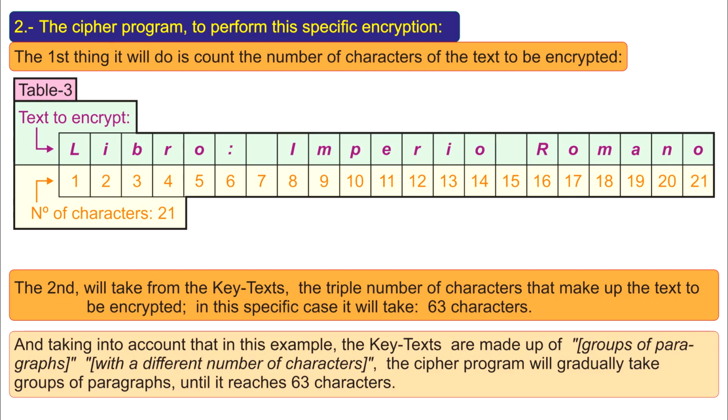The second will take from the key texts the triple number of characters that make up the text to be encrypted. In this specific case it will take 63 characters. And taking into account that in this example the key texts are made up of groups of paragraphs with a different number of characters, the cipher program will gradually take groups of paragraphs until it reaches 63 characters.